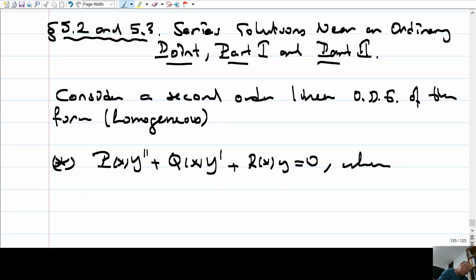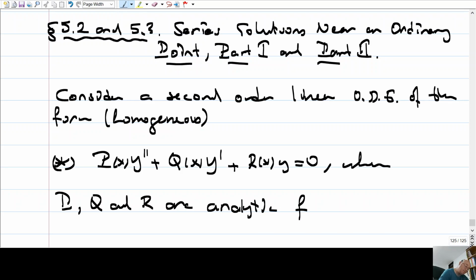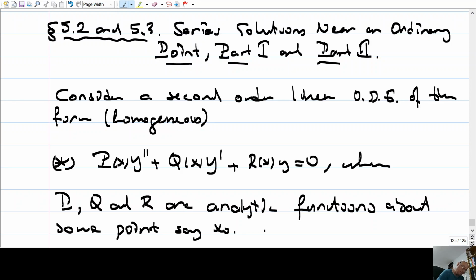where p, q, and r are analytic functions on some neighborhood about some point, say x0.